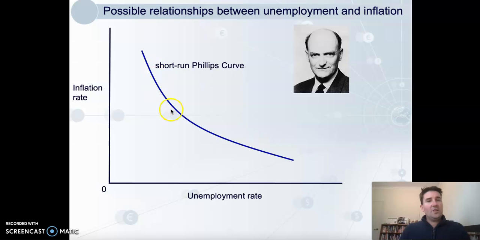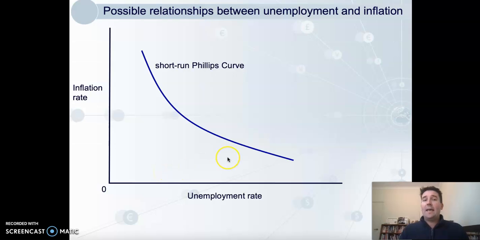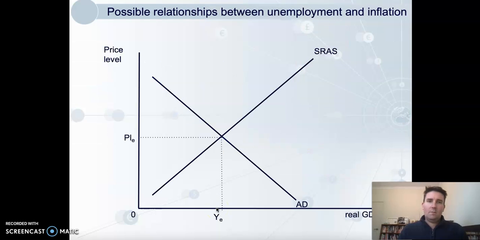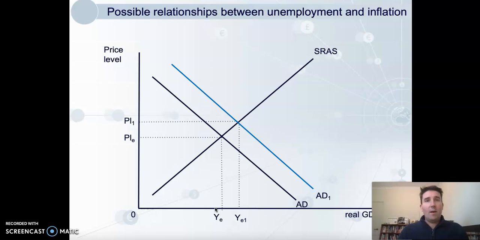This relationship, where there's high inflation if there's low unemployment, will make a bit more sense, and feel more straightforward, when we look at an AD-AS diagram on the next slide. So here it is. An increase in aggregate demand, AD to AD1.